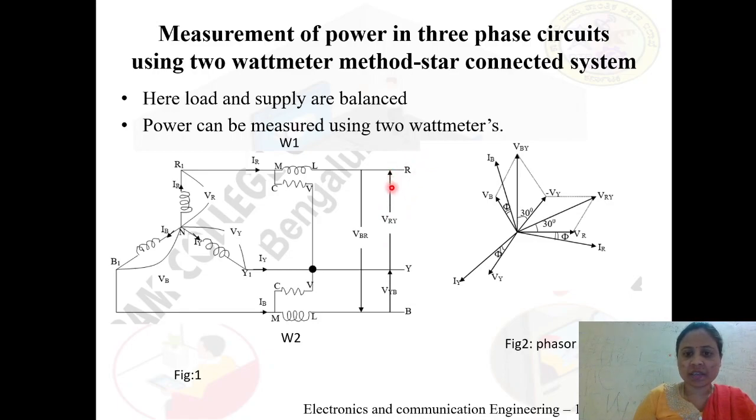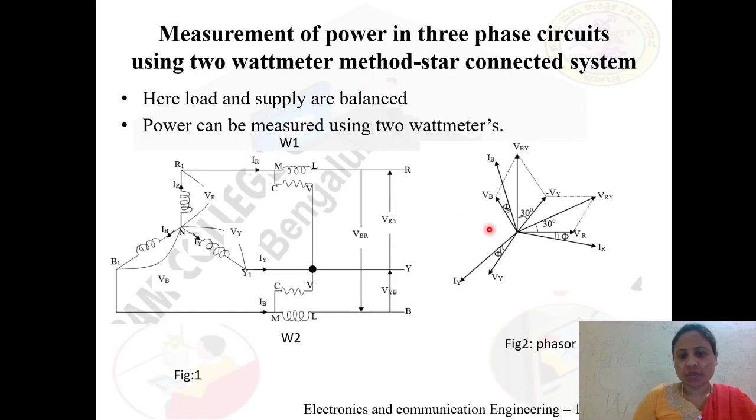Considering lines R and Y, we call the line voltage VRY. Between lines Y and B, the line voltage is VYB. Between lines B and R, the line voltage is VBR.